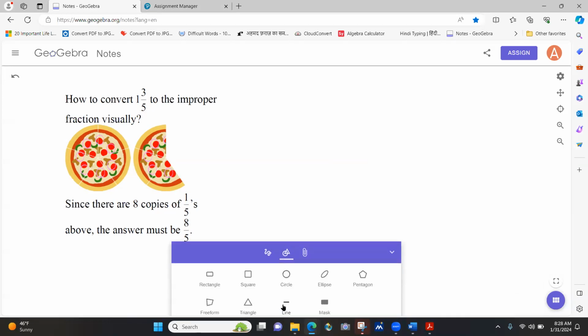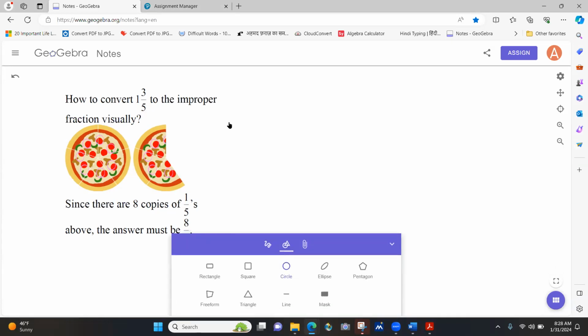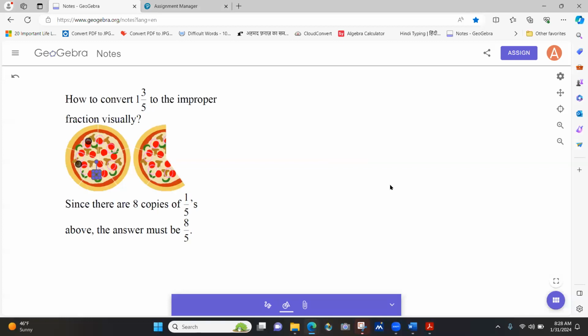Well, let's count it. There is 1 here, right? I'm going to put some black dots. 1/5, 2/5, 3/5, 4/5, 5/5.